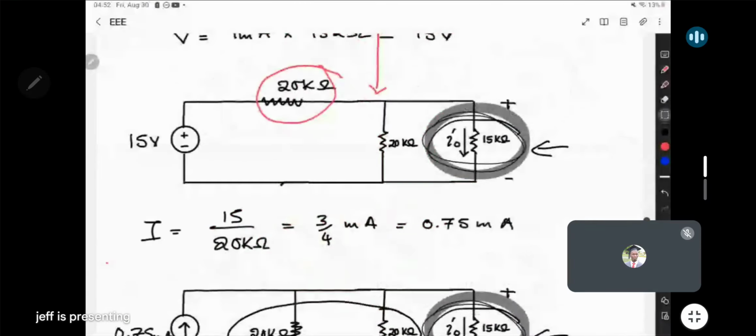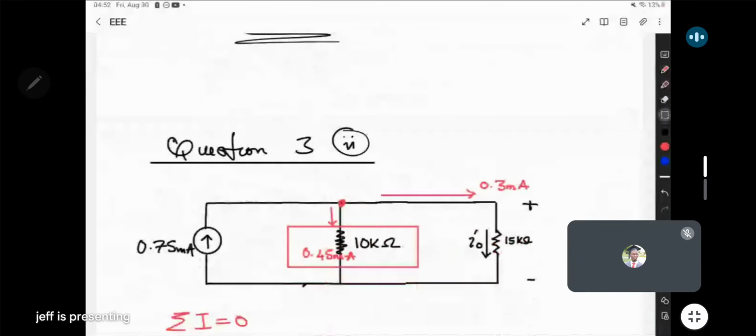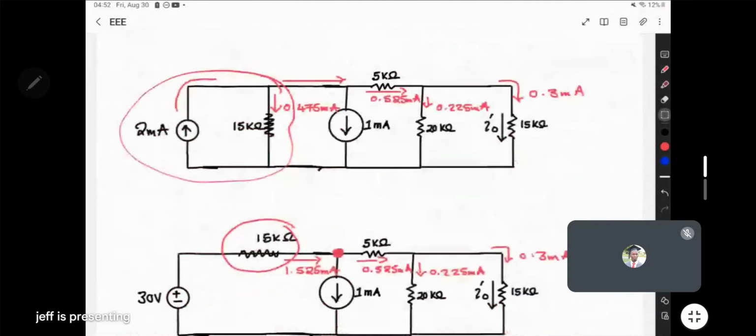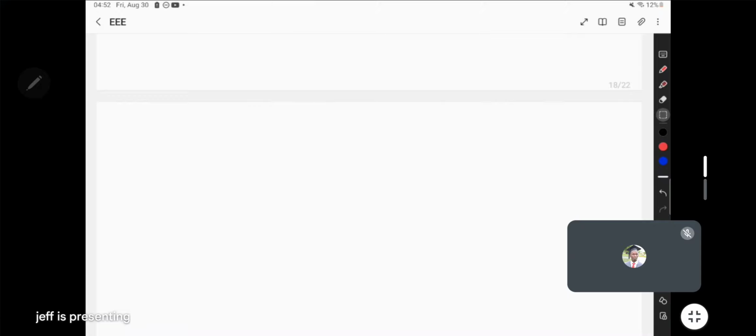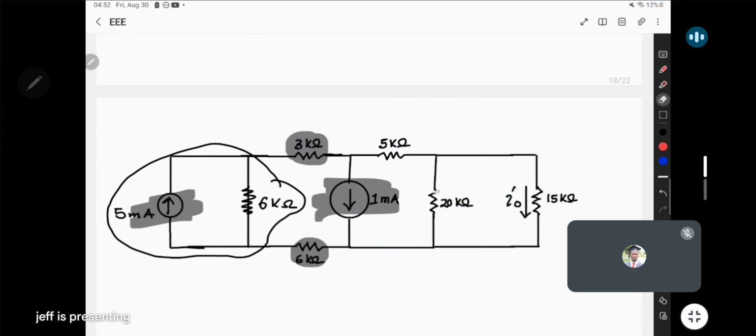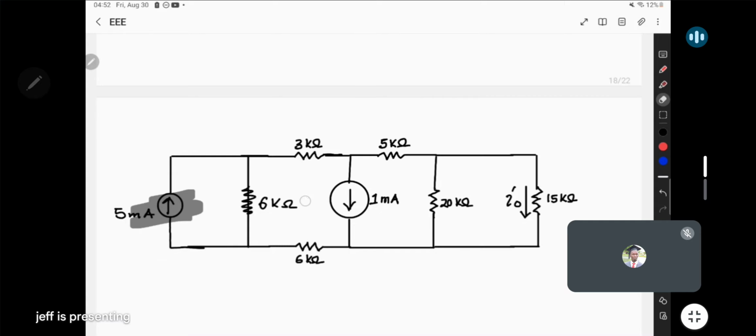So we have just seen that the current passing through the 3 kilo ohms is 1.525. I won't write all the others, I'll just come to the ones we are currently interested in. The one passing through the 3, we have just seen that this current will be 1.525.